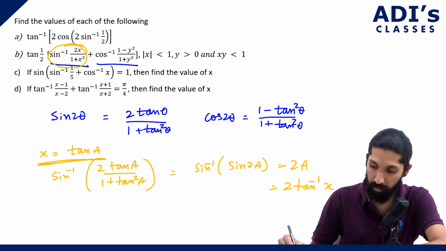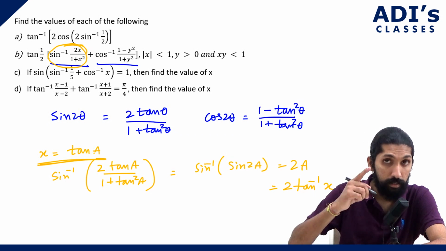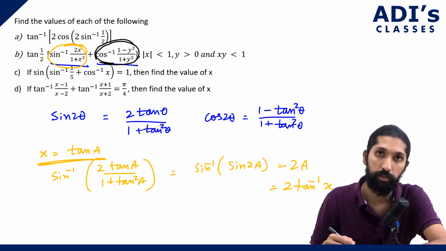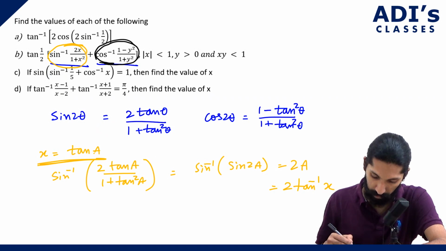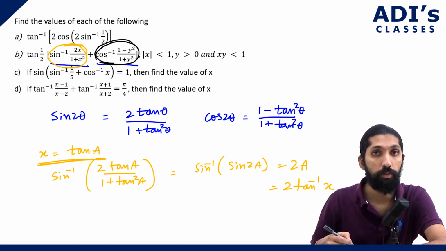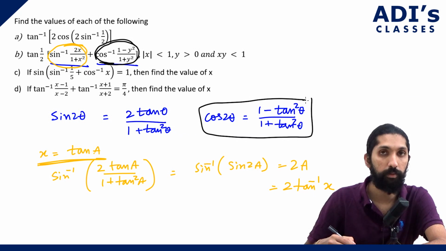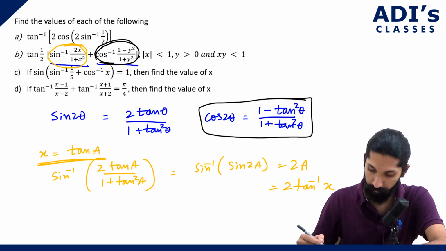In the same way, can you say that cos inverse of 1 minus y square by 1 plus y square is nothing but 2 tan inverse of y? Basically, we are going to use this formula, correct?